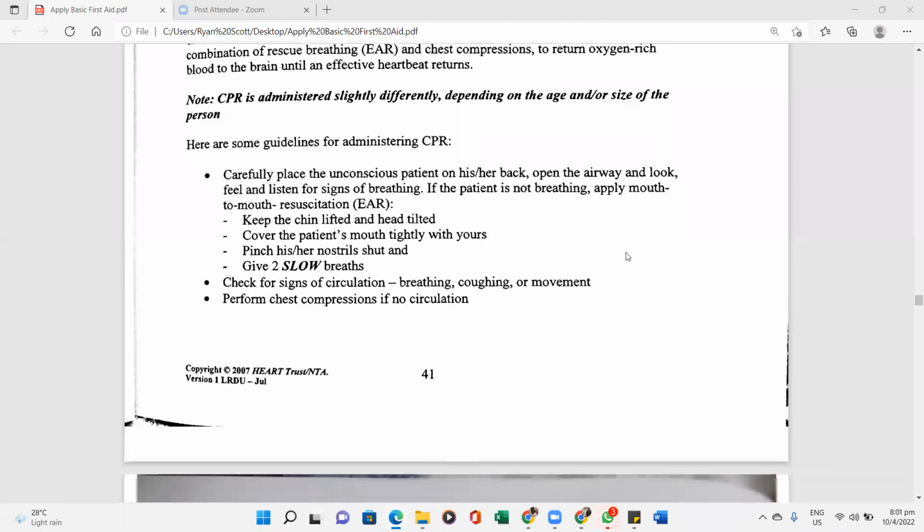All right, hold on. It says, keep the chin lifted and head tilted, cover the patient's mouth tightly with yours, pinch his or her nostrils shut, and give 2 slow breaths.